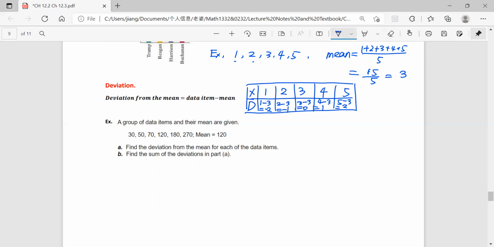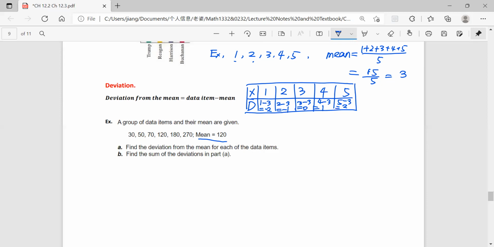So let's see the example. A group of data items and their mean are given. So they provide us the data and also give us the mean, so we don't need to sum up all of these and divide by the number of items. The first question: find the deviation from the mean for each of the data items.